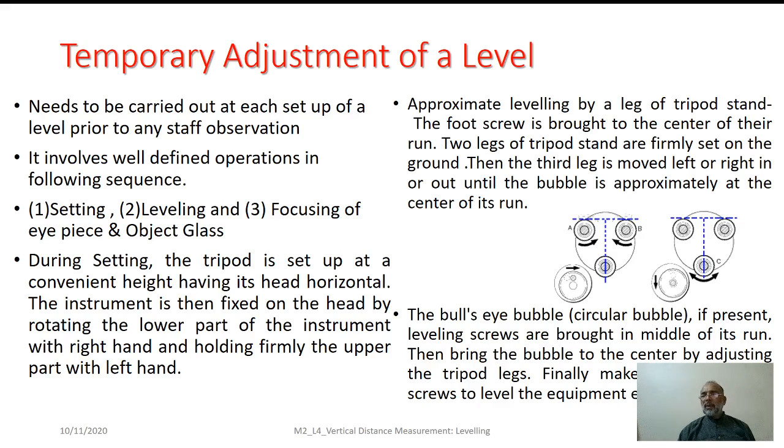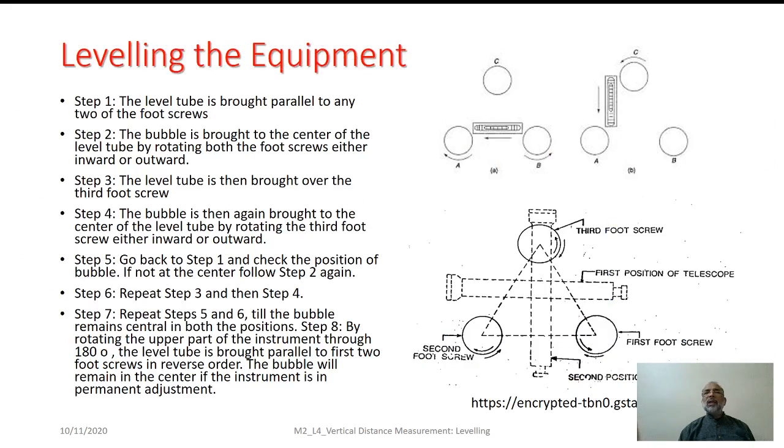Mostly, the Dumpy level is provided with a longitudinal level tube on top of the telescope. In order to have that leveled, we have to follow a proper sequence, making use of the leveling screws as mentioned here, A, B, C. After mounting the equipment on the tripod, we have to bring these leveling screws to the center of their run.